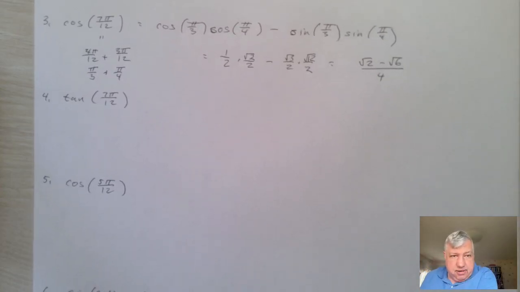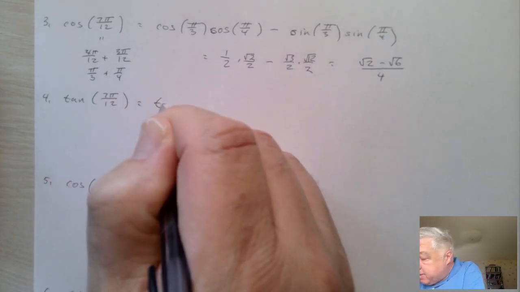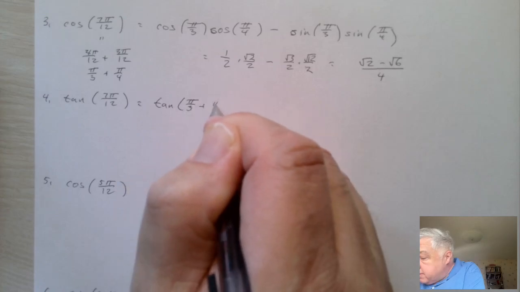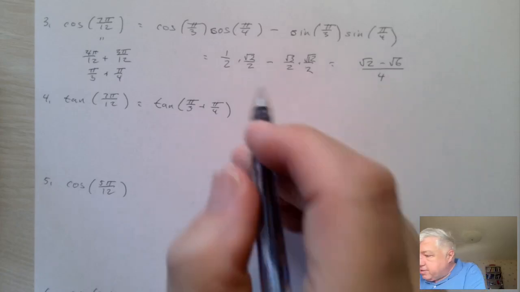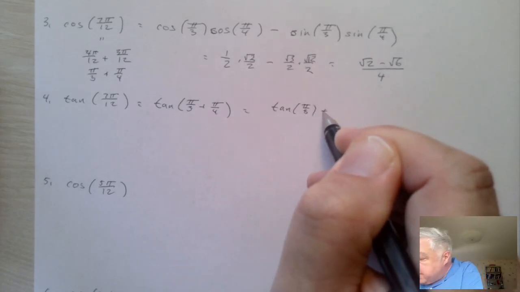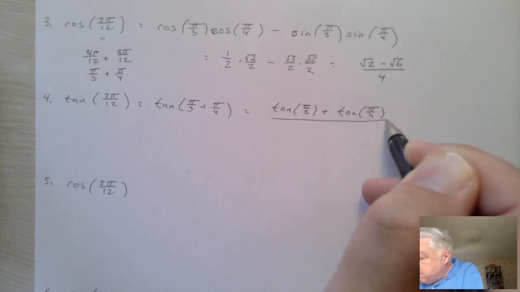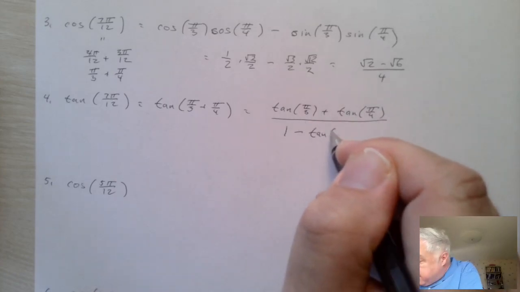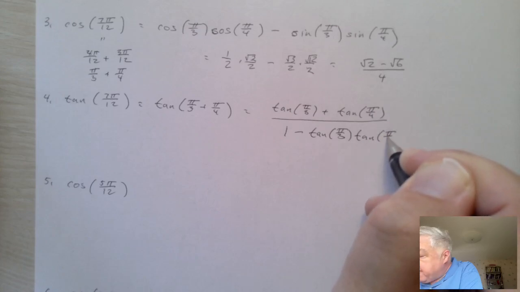The tangent of 7 pi over 12. We get to use the tangent formula. I know you're all excited about that, about as excited as I am. So this is going to be the tangent of pi over 3 plus the tangent of pi over 4, over 1 minus the tangent of pi over 3 times the tangent of pi over 4.